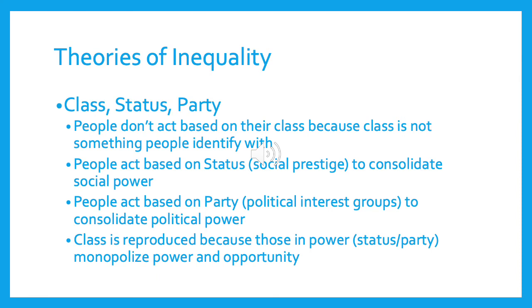He also says that people will act based on party. We can think of party as any political interest group. So I like to give the example of animal rights activists. I used to, and to some extent still do, belong to groups associated with animal rights. While this is not something that we would consider a political party like Democrats, Republicans, Libertarians, or Green Party, it is a political interest group.